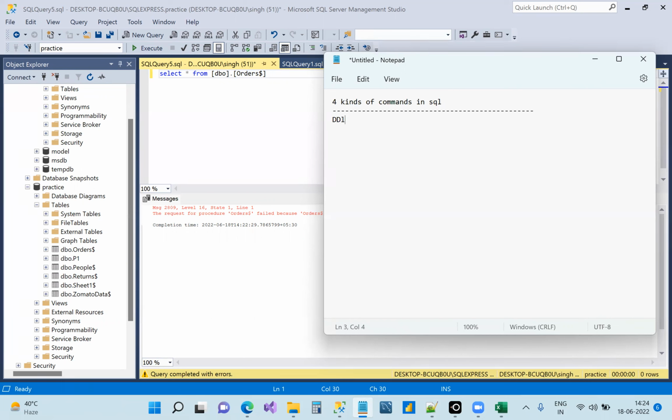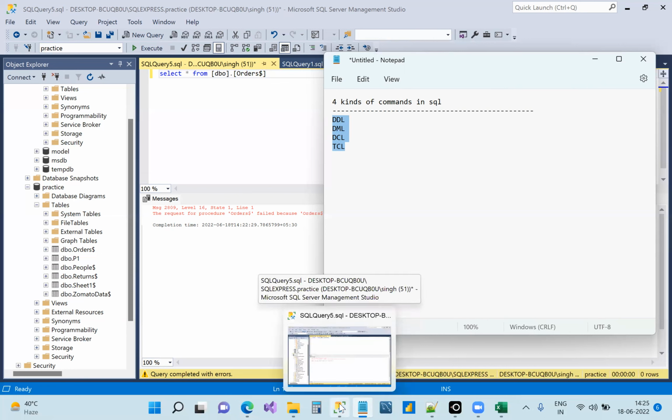DDL, DML, DCL. In these there are various commands. Those commands have to be followed by all the platforms where we write our SQL queries. Apart from those which are not in these, little changes can be there across platforms.